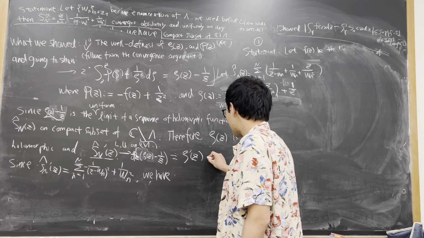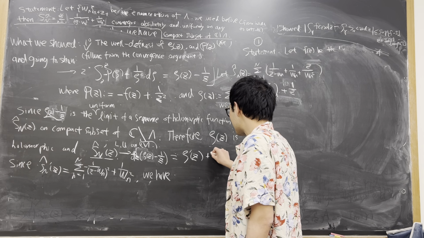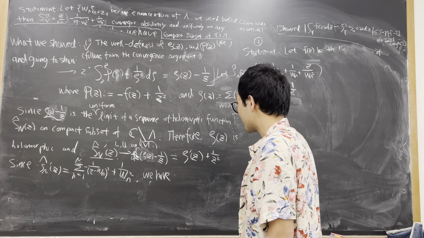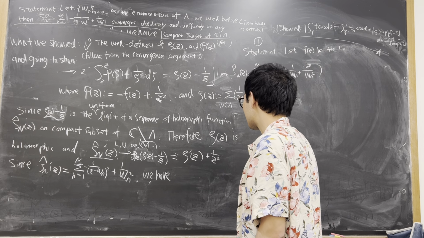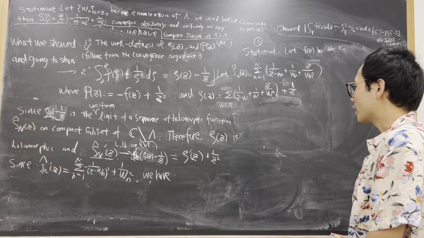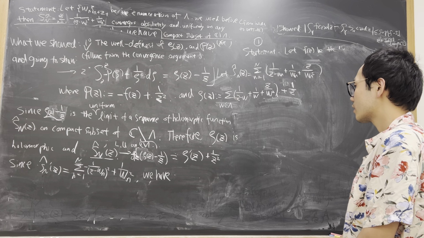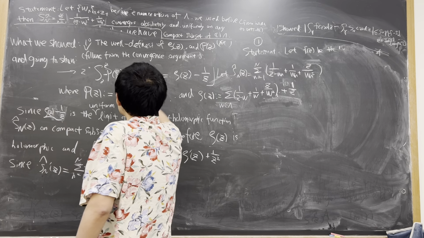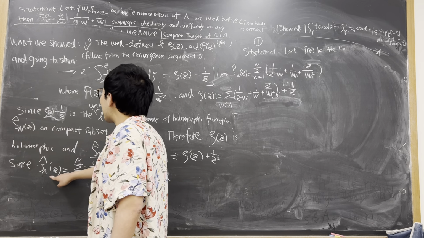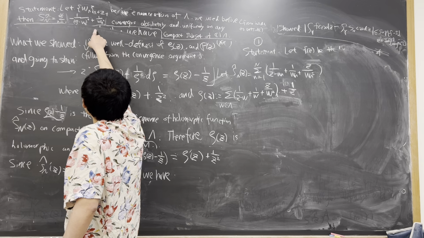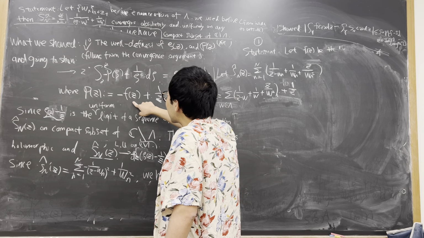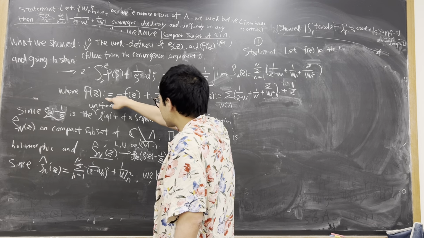Sorry, this is equal to zeta prime z plus 1 over z squared, because we take the derivative. So the double star just tells us that the limit of this, which is the same thing as this one, is exactly our f z that we use to define this p z.